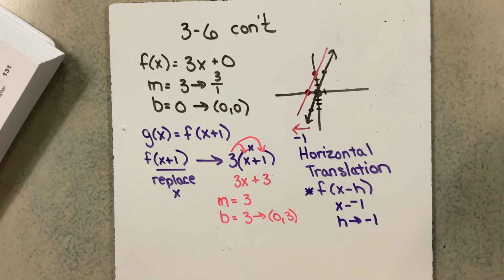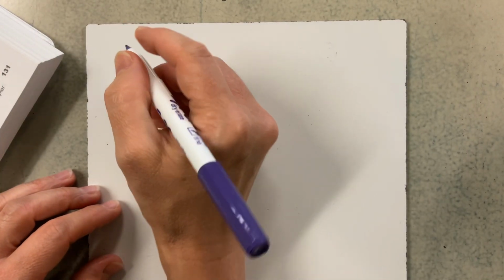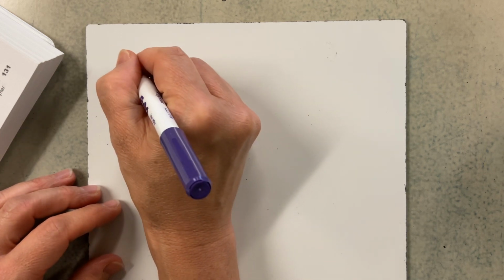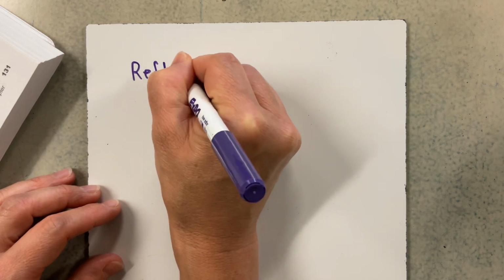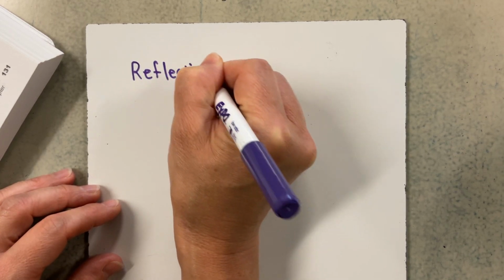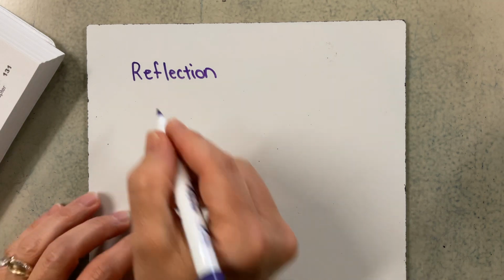and let's see here. In interest of time, we're going to just look at these quickly. There are reflections. Okay, a reflection means it is being reflected off of either the x-axis or the y-axis.